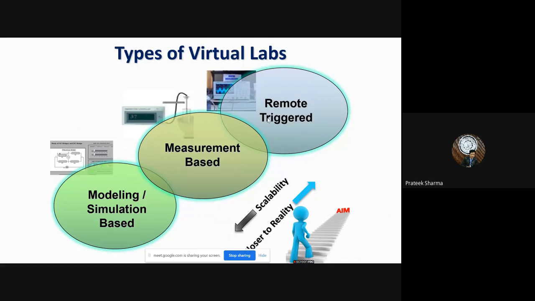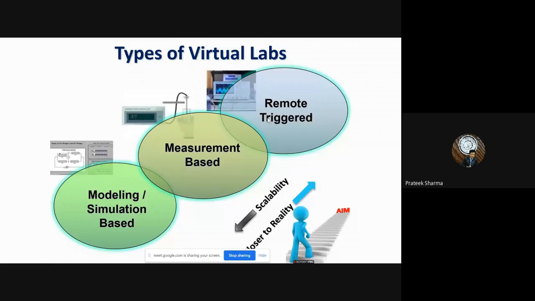Remote trigger labs allow you to see that setup, which is very far away from you, in real time, and they allow you to enter values in real time and accordingly get the output. But with this great advantage comes a great disadvantage. What is the disadvantage? In a remote trigger lab, at a single time, only a single user can have access. For example, if I'm using one of the remote trigger labs, none of you can use it at the same time. Whereas with modeling-based labs and mission-based labs, at a single time, multiple users can have access.